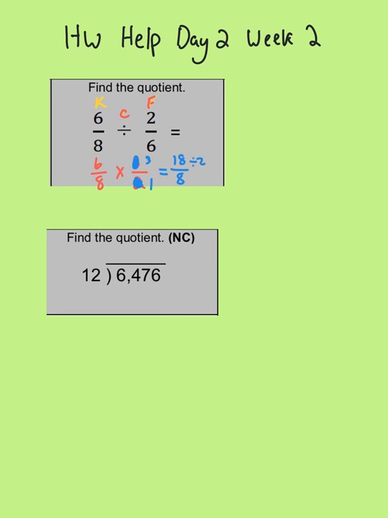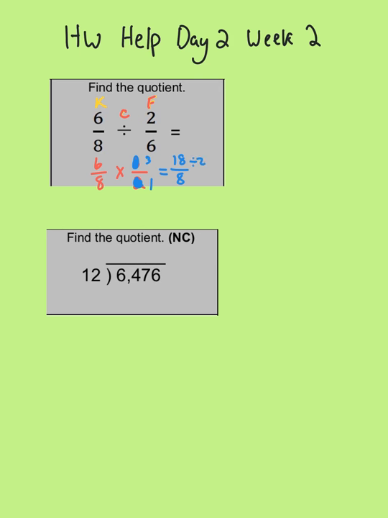Now, keeping that in mind, I also know that if I multiply 12 by a number, say 12 times 5 is 60, 12 times 50 is 600, just add one more zero on a 60, 12 times 500 is 6,000.